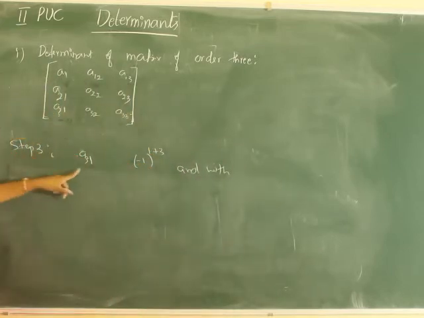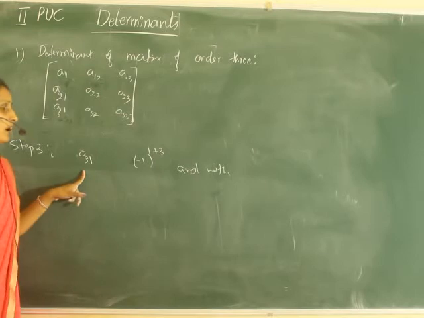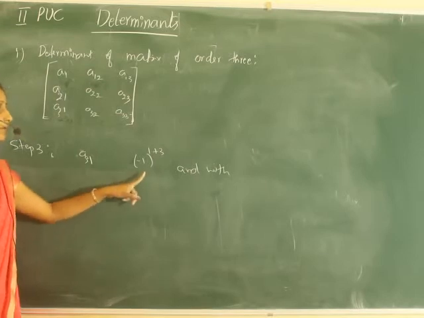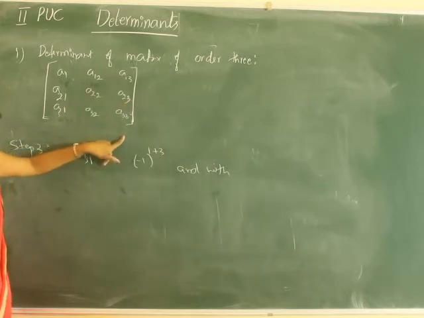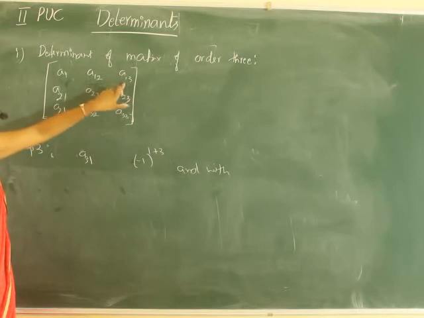The element A31 is multiplied with minus 1 to the power 1 plus 3 and with the second order determinant obtained by deleting first row and third column, because this element is present in the first row and third column.